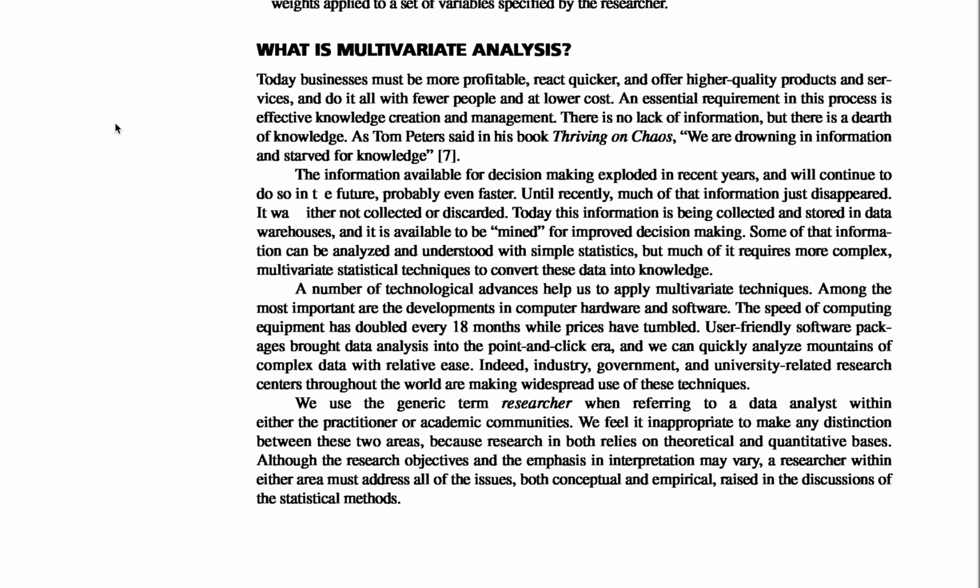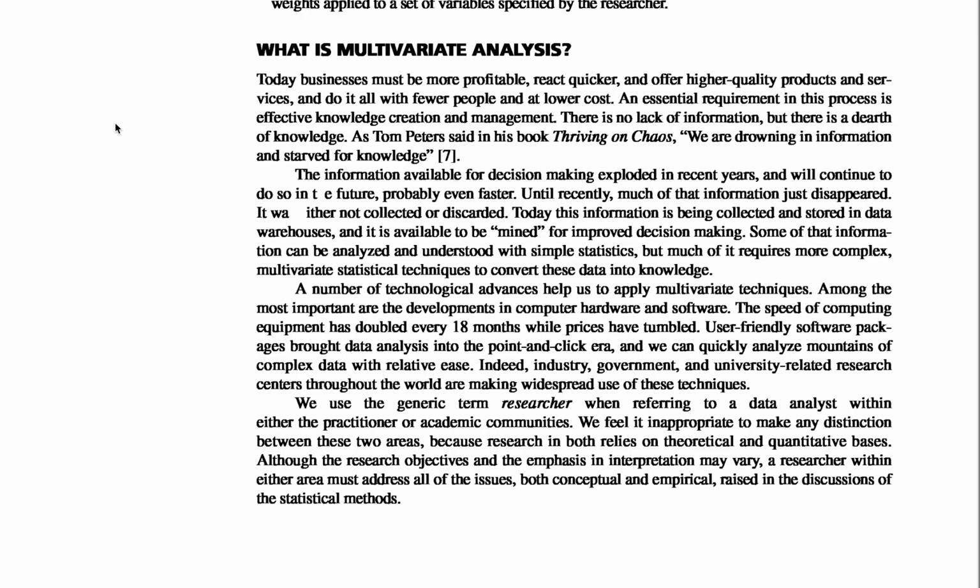As Tom Peters said in his book Thriving on Chaos, we are drowning in information and starved for knowledge. The information available for decision making has exploded in recent years and will continue to do so in the future, probably even faster. Until recently, much of the information just disappeared.